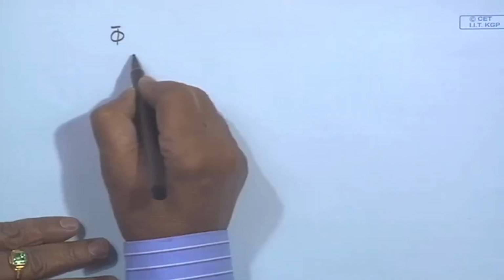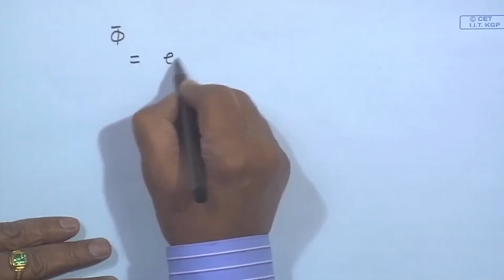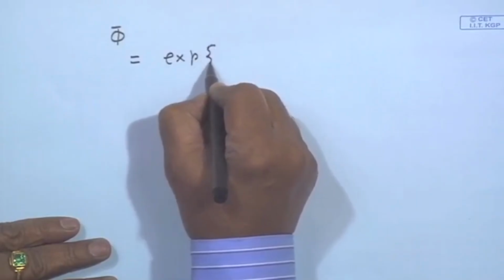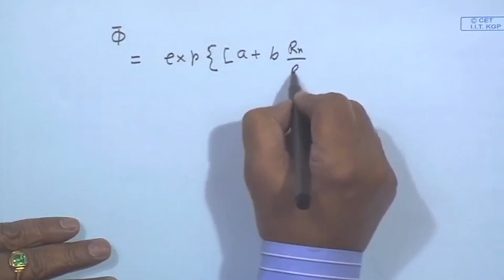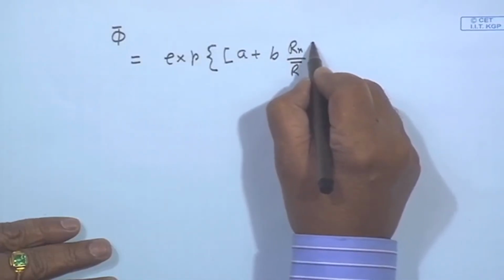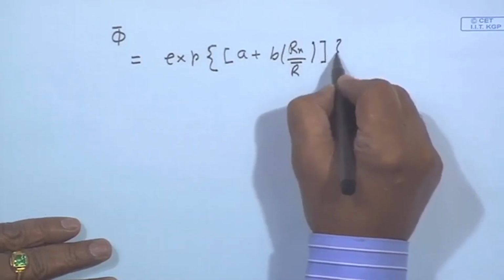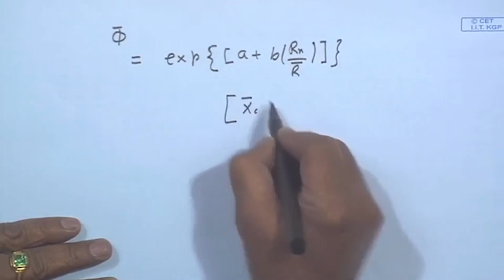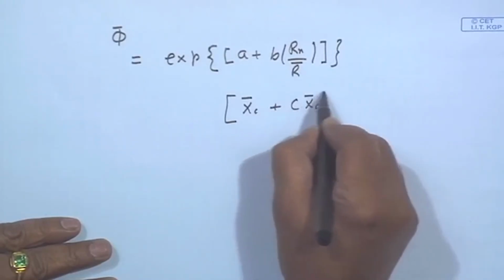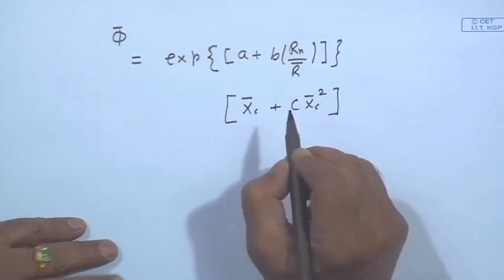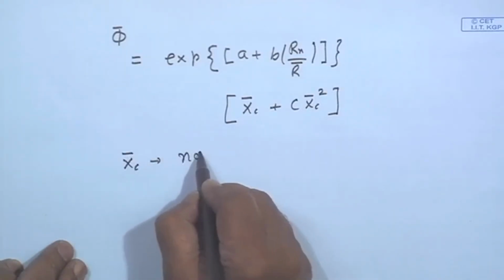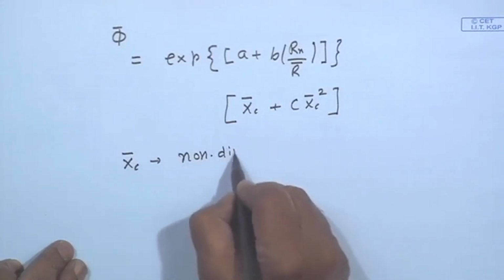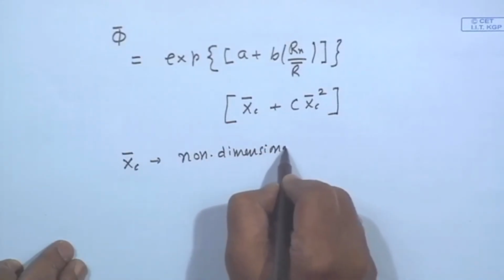This has been correlated by Klein as exponential of (A plus B Rn upon R bar) times xc bar plus C xc bar square, where xc bar is the non-dimensional critical level which we have defined.